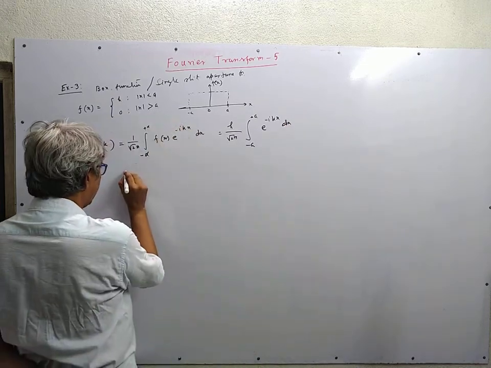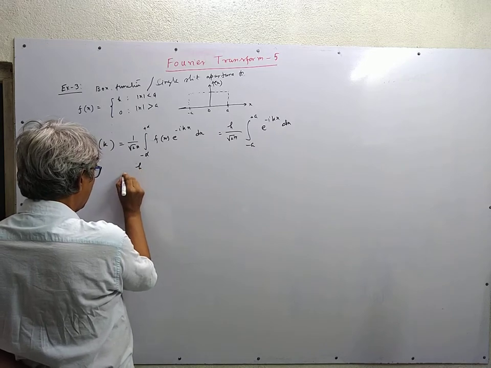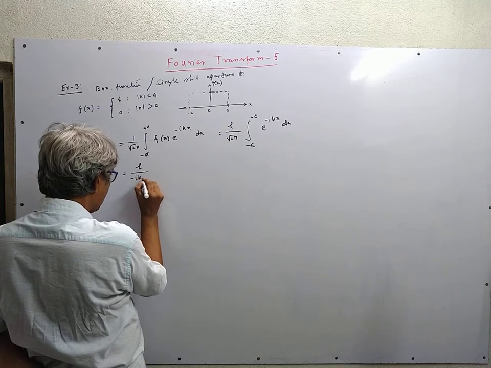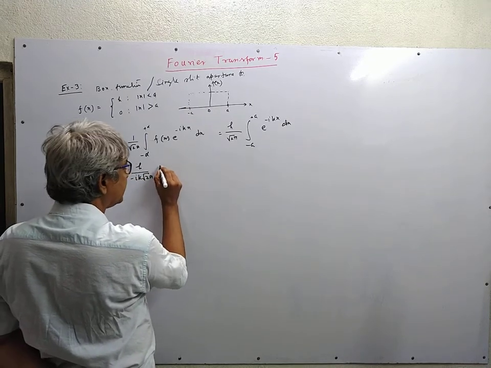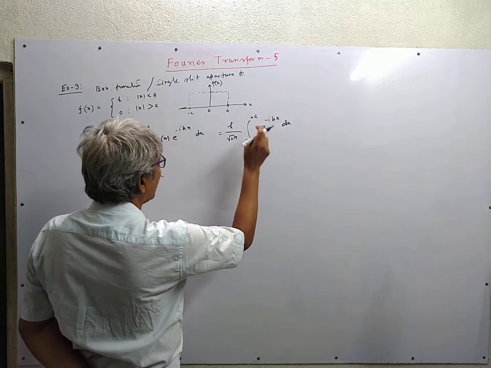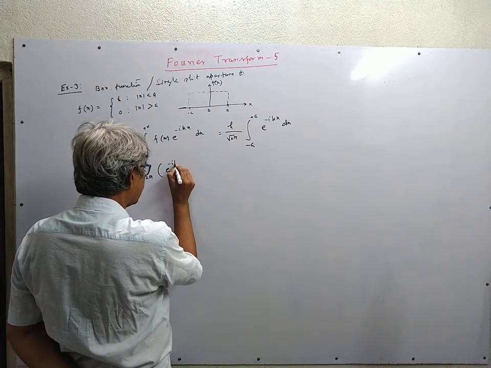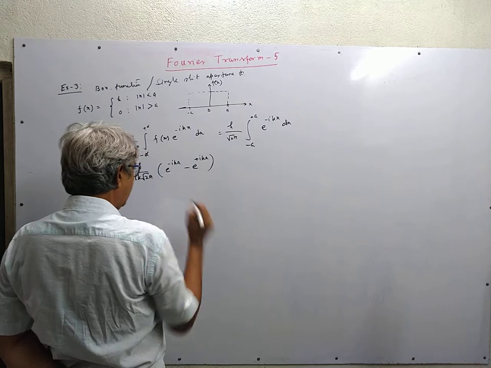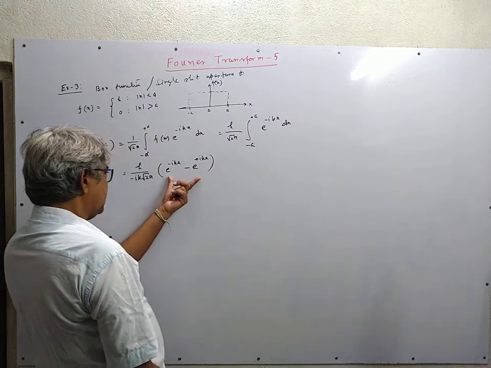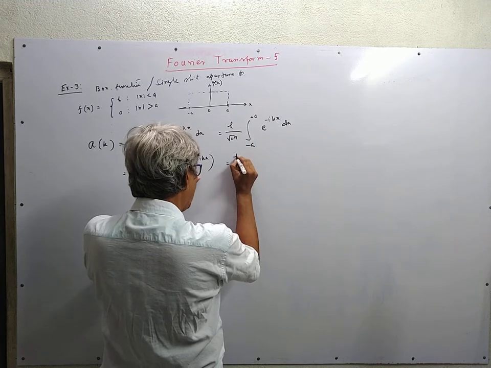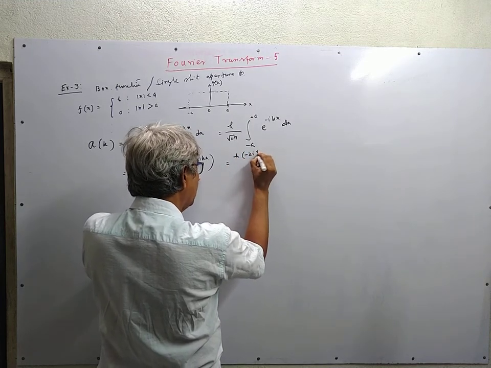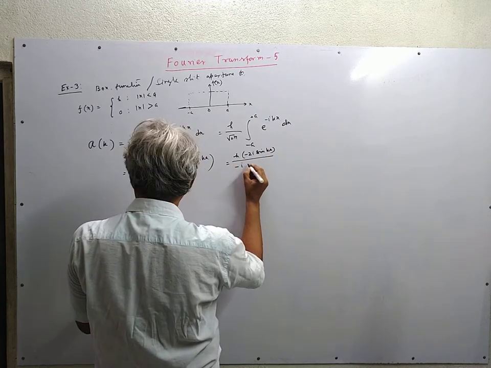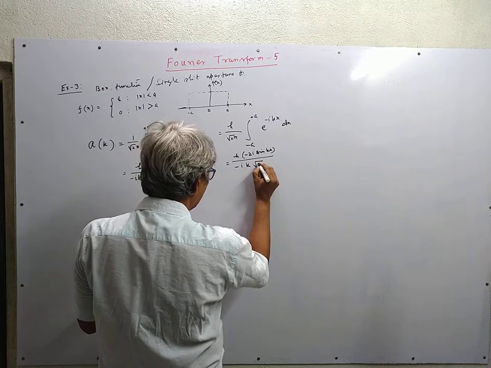When we integrate it, we get h upon minus i k root 2 pi, and at the upper limit it is e to the power minus i k a, and at the lower limit it is e to the power plus i k a. So this is minus h times minus 2i sine k a, and in the denominator minus i k root 2 pi.